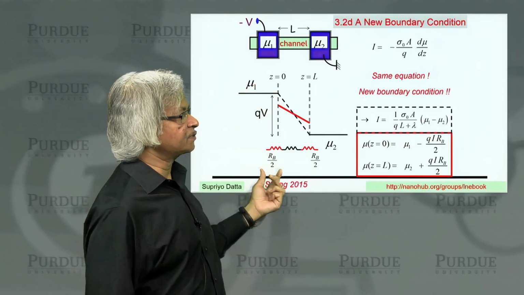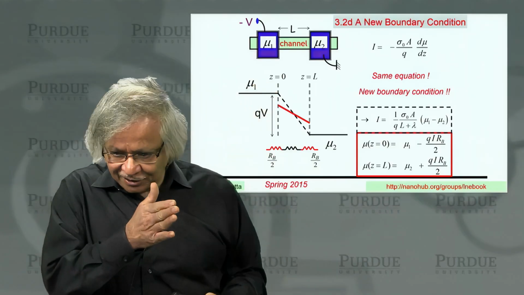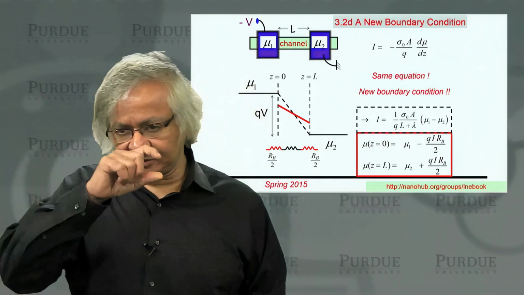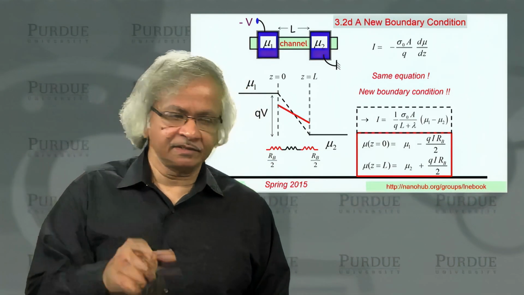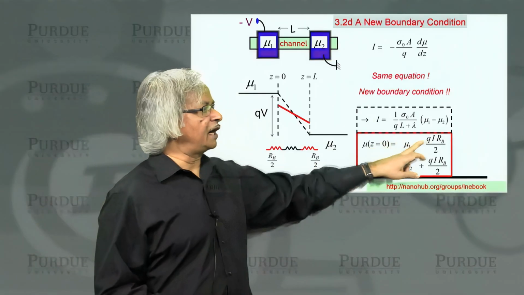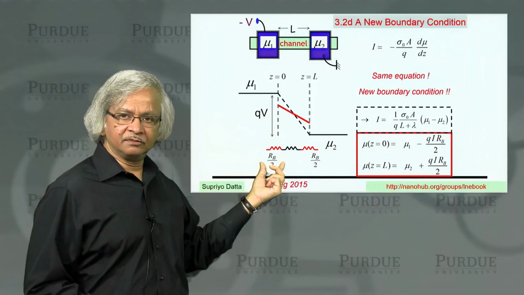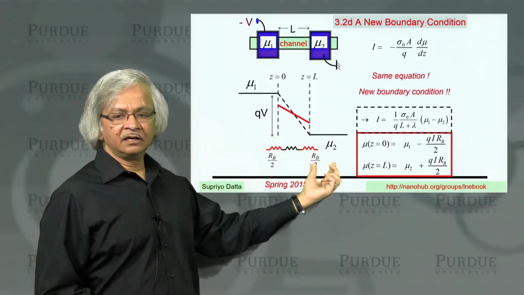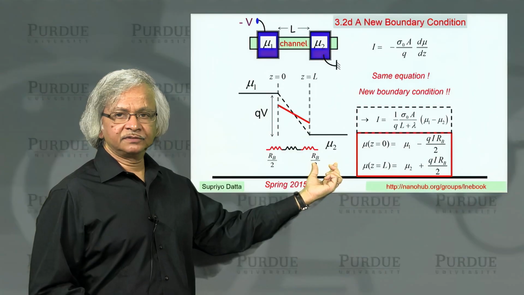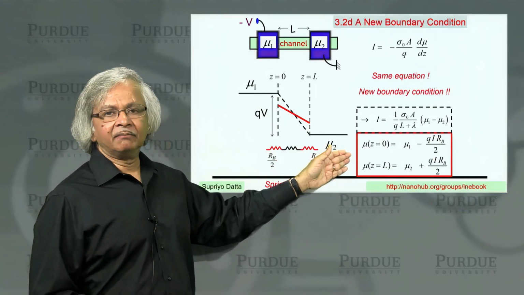And that, of course, corresponds to having a resistance there, because in any series circuit of resistors, when a current flows, the drop is current times the resistance. So if you have a drop of I times RB over 2, it means there's a resistance RB over 2. Similarly, there's a drop here, and that's another RB over 2. See? So that's how you could pictorially represent this boundary condition.